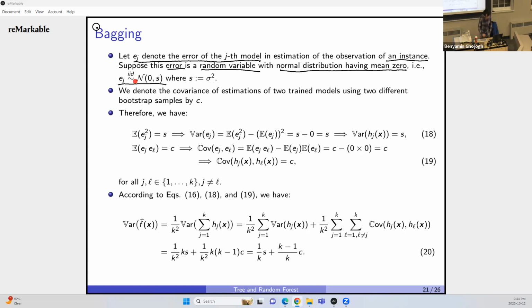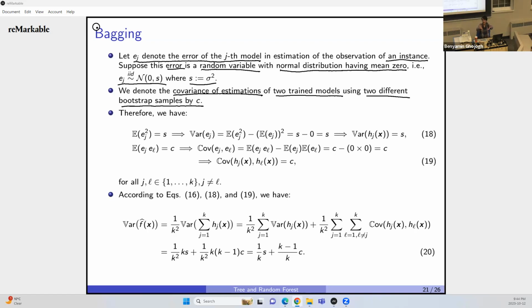They are IID Gaussian with mean 0, variance S. S is the variance of the noise of the error of the jth model. We denote the covariance of the estimations of two trained models using two different bootstrap samples by C.